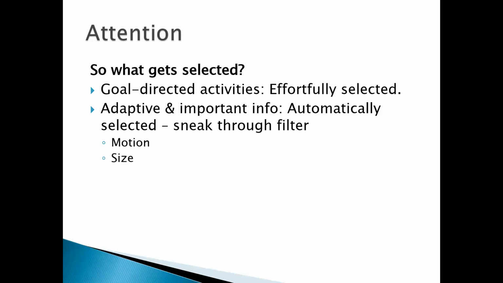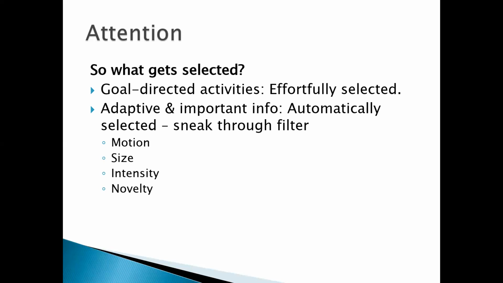Size, things that are large also automatically get attended to because they might be of more significance or even more threatening. Intensity, so things that are loud, bright, and salient automatically get attended to. Novelty, things that are new. Our brains have an automatic tendency to want to learn.